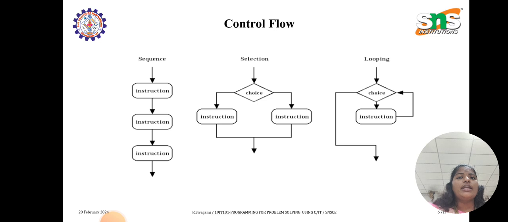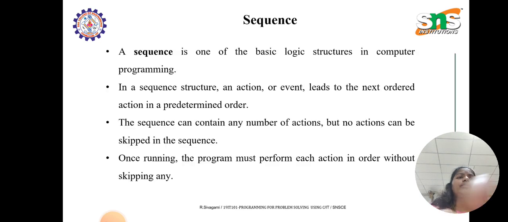Sequence means the instructions continue in sequence. In selection, first the choice is checked, then depending on the choice it moves on to the instructions. Next, in looping, the choice is checked and depending on it the instructions will be executed.